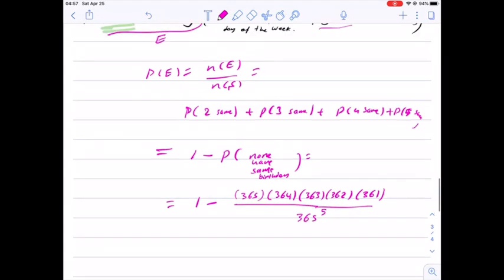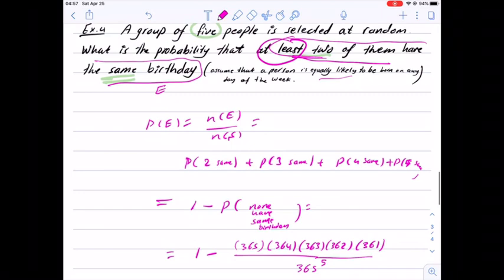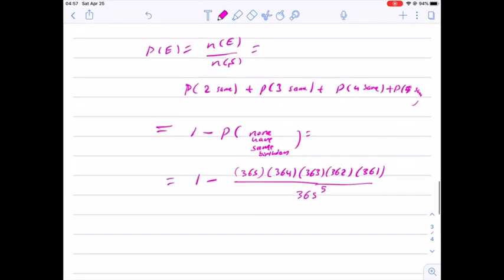So each person has 365 days. So 365 times 365, five times, that's 365 to the power 5.